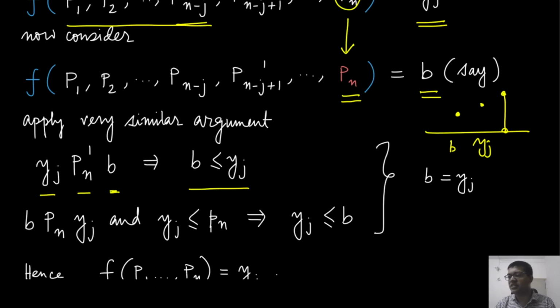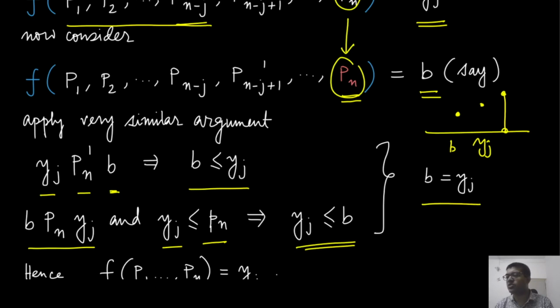Similarly we can apply the same argument that b is more preferred in this preference pn than yj, and we also know that yj is less than or equal to pn. That is the thing that we have proved at the very beginning. This should immediately imply that yj must be on the left hand side of b, and these two together give that b must also be equal to yj.